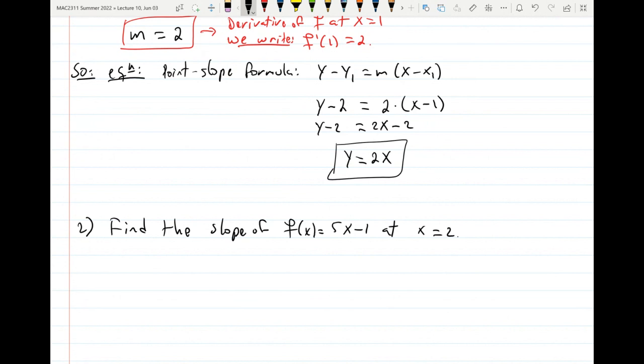Okay. If you look at the function f, this is the function 5x minus 1. What is this? It's a line, right? And no matter what point you are on the graph, the slope is going to be the same, the same number everywhere. That's what it means to be a line. It's a graph that has a constant slope. What's the slope in this case? 5.